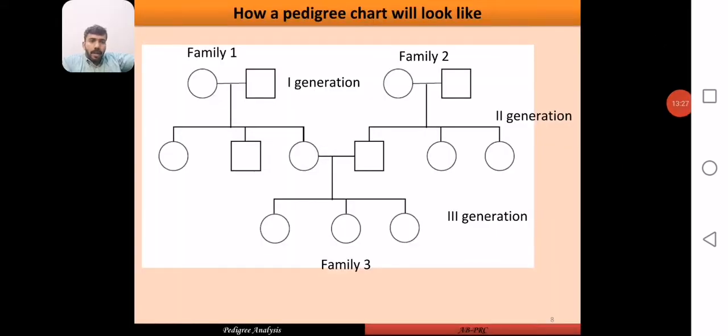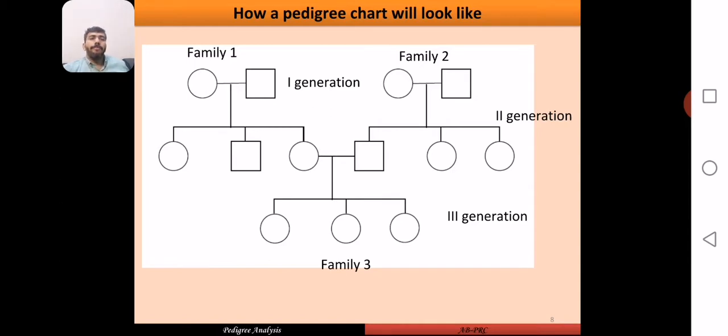So this is the way a pedigree will look. You can see family 1 and family 2, and also generation 1, generation 2 and generation 3, and also family 3. Right, you can see there are 3 children in family 1 and 3 in family 2, and also in family 3 there are 3 children represented.